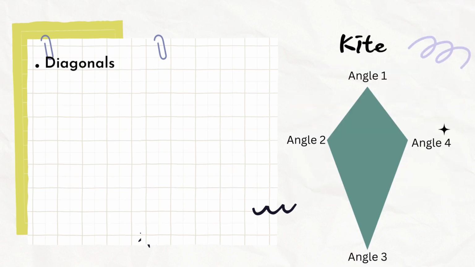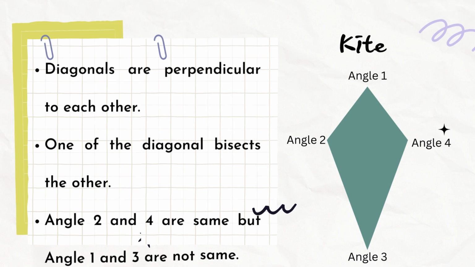Let's move further. The fourth quadrilateral is somewhat interesting, and we should remember it more properly. That is the kite. Diagonals are perpendicular to each other, that is, whenever the two diagonals intersect each other, at that point they form a 90-degree angle. But they do not bisect each other. That means the diagonals here are not divided into two equal parts, except one.